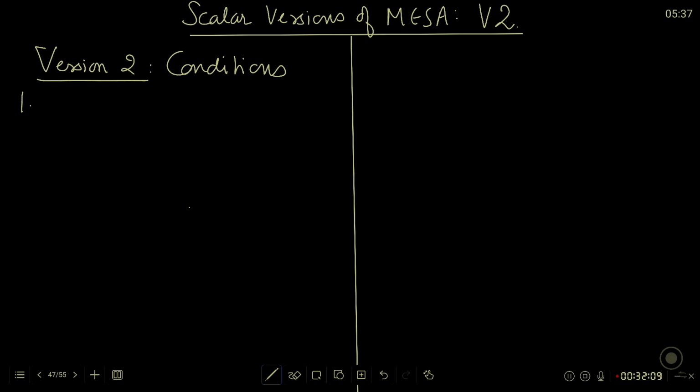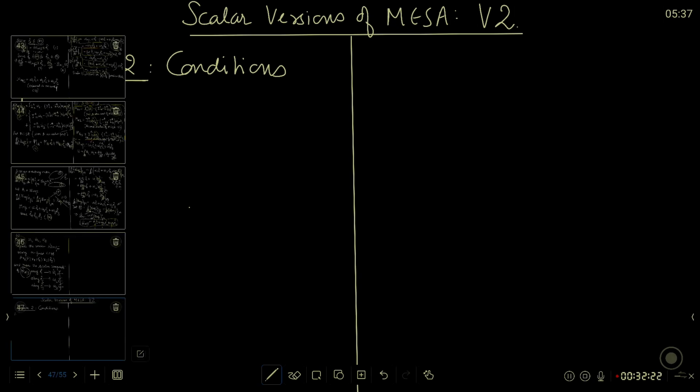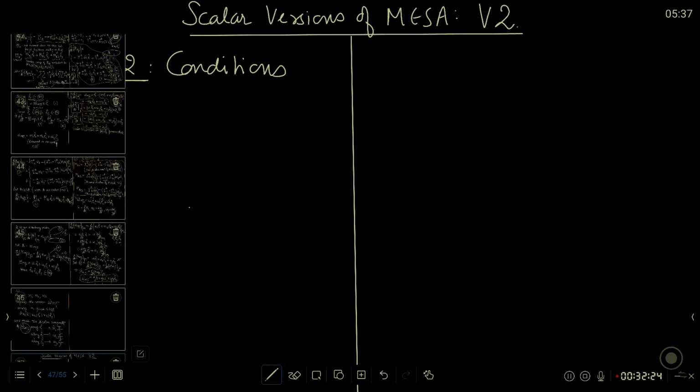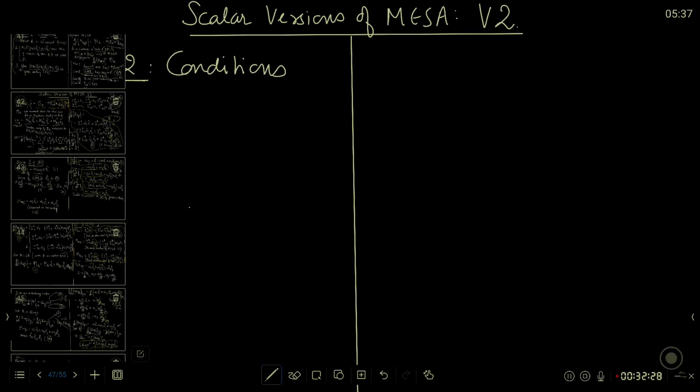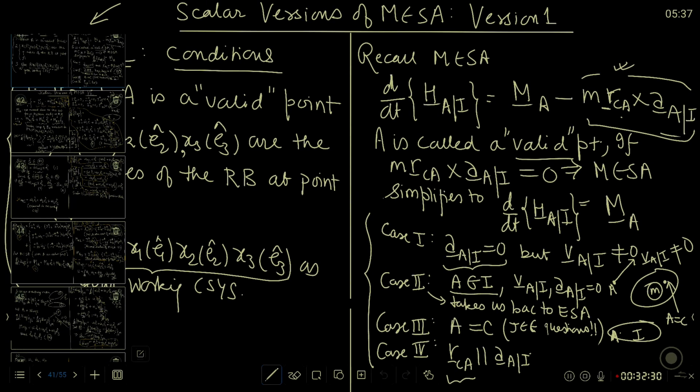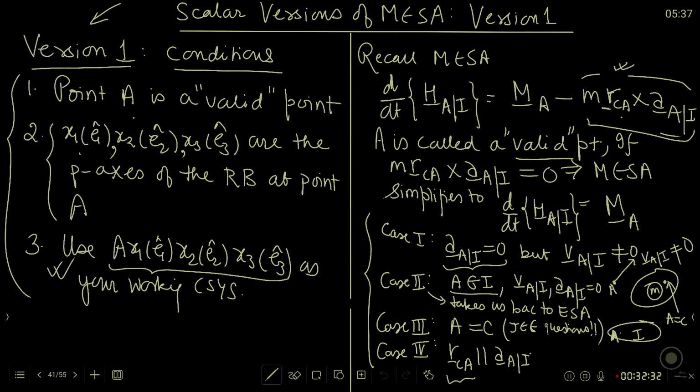To begin with, like what we had in version 1, let me go to version 1. 3 conditions I had. Point A is a valid point. That is there in version 2 also. I'm going to write it here. Point A is a valid point.